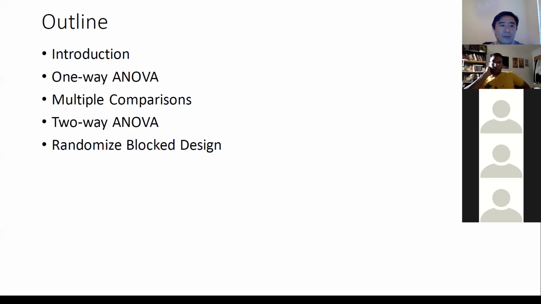In two-way ANOVA you have two factors, so there will be an interaction. It's more complicated because you not only consider the main effects, but you also need to test the interaction between the two factors first before you can finalize your model.